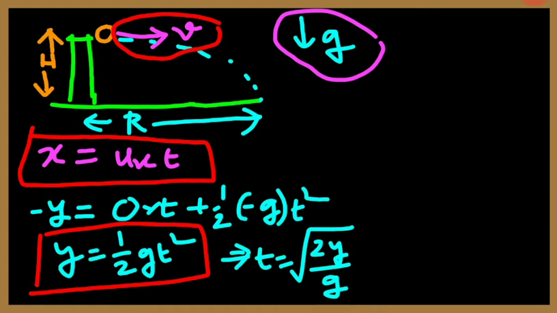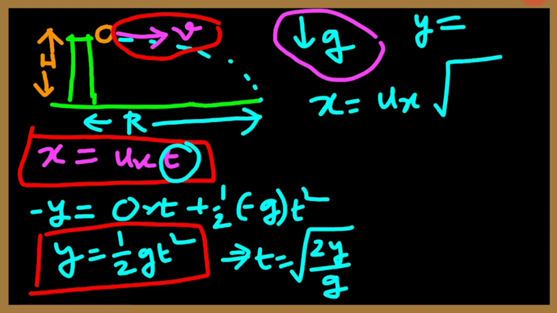Now, let's eliminate this t. So x is equal to ux into root over of 2y by g.